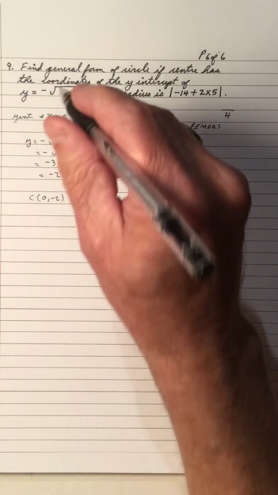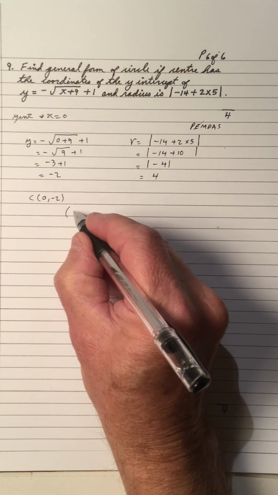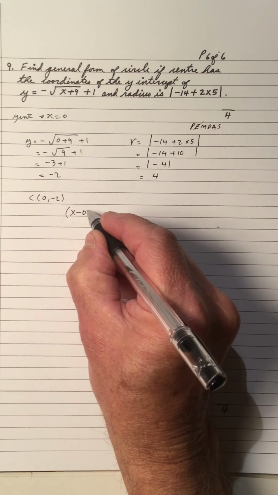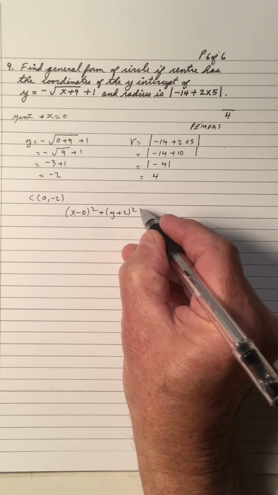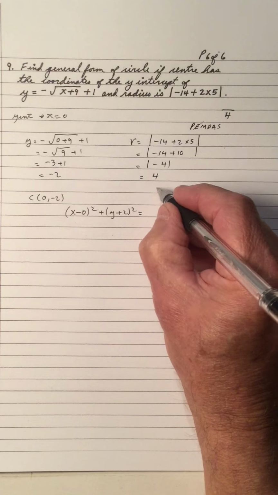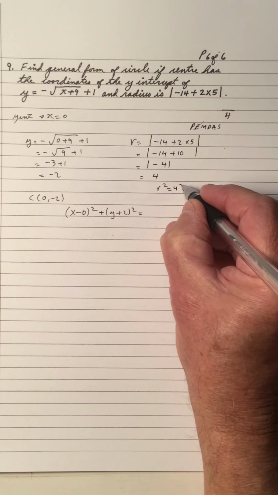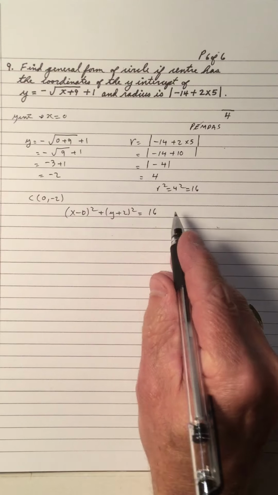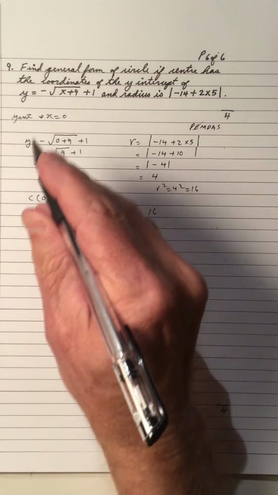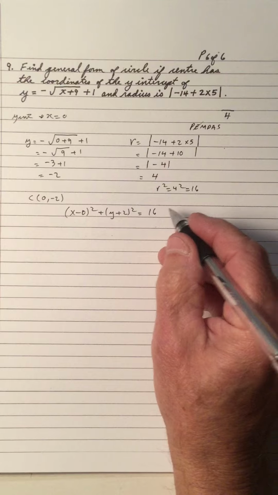And so we want the equation in general form. So the standard form is x minus 0 all squared plus y plus 2 all squared equals r squared, which becomes 4 squared, which is 16. So that's the standard form. We want the general form, so we have to expand it all out.